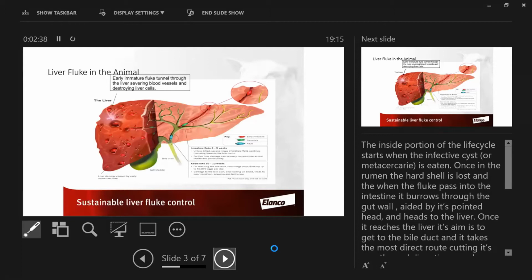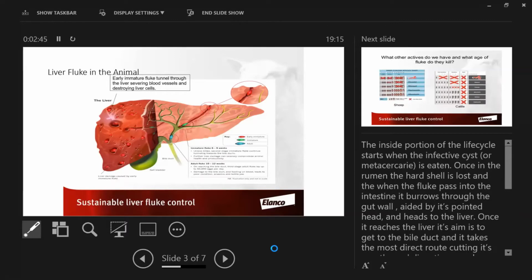Lovely. So what we're looking at here is the liver and a bit of a cross section of the liver. Animals pick up fluke off the grass. The fluke will go into the stomach and will end up going through the gut wall and heading off to the liver.